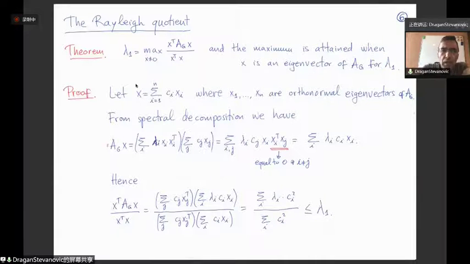Now, how do we get this? Well, we use the fact that the eigenvectors x1 to xn form an orthonormal basis, and therefore each vector x is expressible as a linear combination of the eigenvectors with some coefficients c1 up to cn. We also have the spectral decomposition, and then we can work out the product of the adjacency matrix and the vector x.